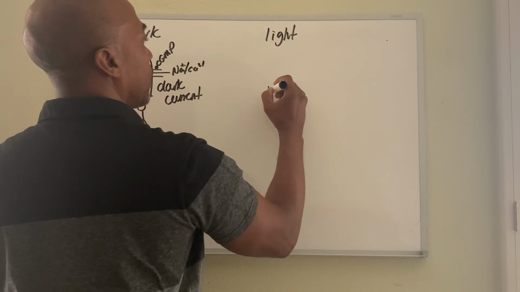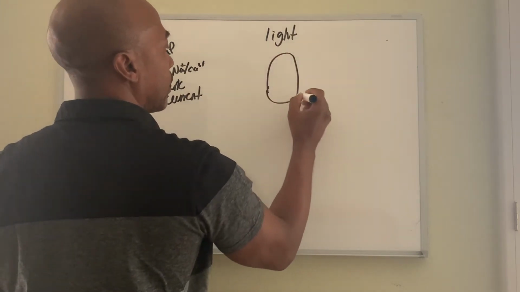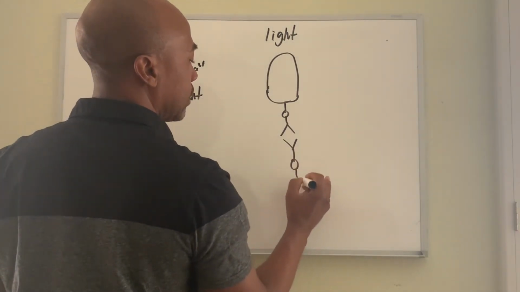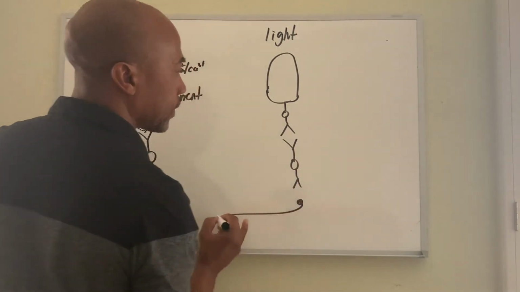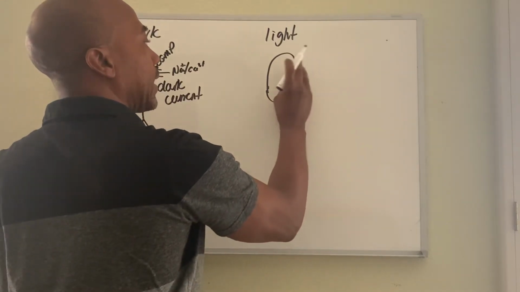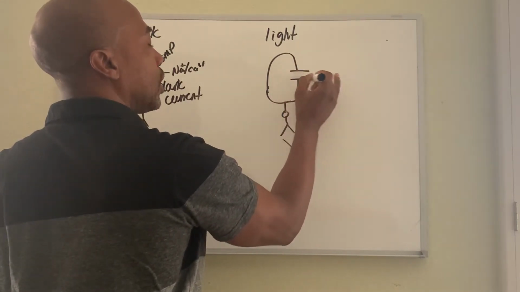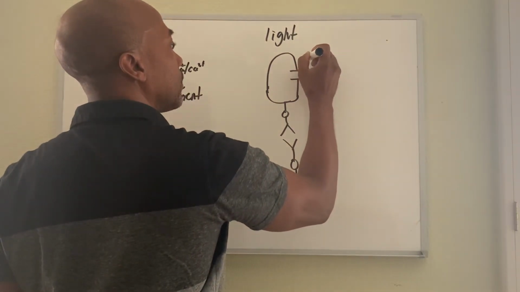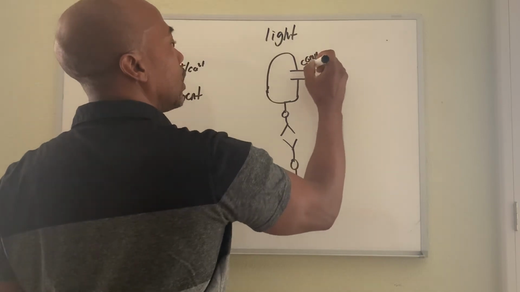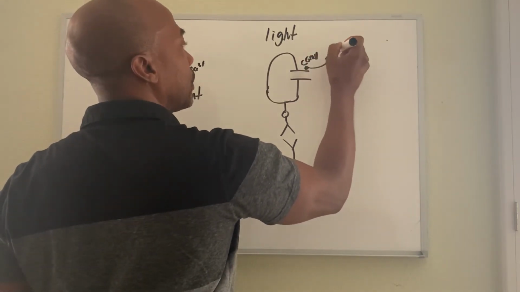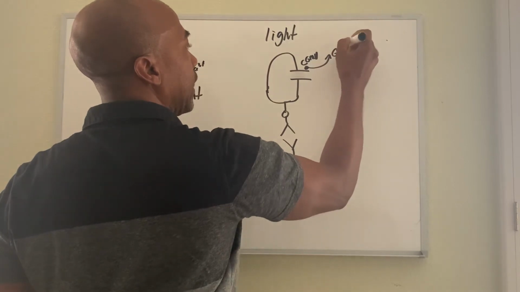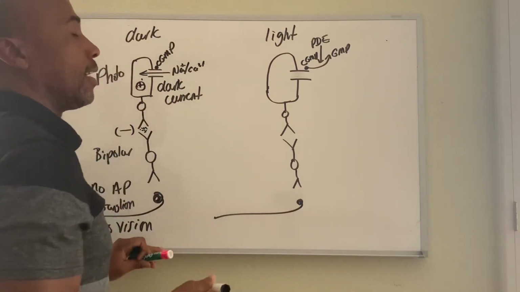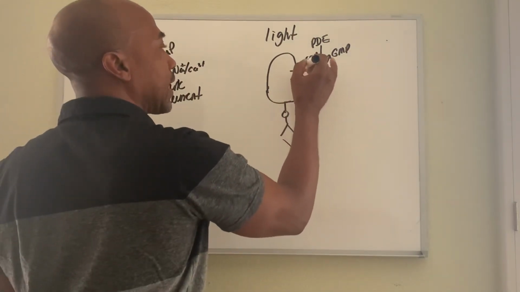So when there's light, here you have, again, the photoreceptors attached to bipolar cells, attached to ganglion cells. Now, in the light, remember that light will cause your cGMP to be converted into GMP by the enzyme phosphodiesterase. When that happens, that closes this gate.